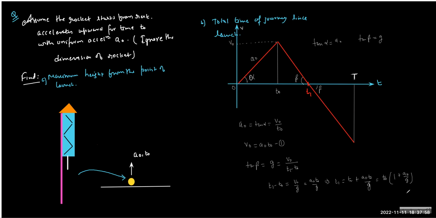The next part. What is happening at capital T? You are returning back to the ground, yes or no? And what is the meaning of returning back to the same point? What is the displacement? 0. So how to get zero displacement? If this is positive area, this is negative area. So for zero displacement, what is the condition? These two areas must be equal.